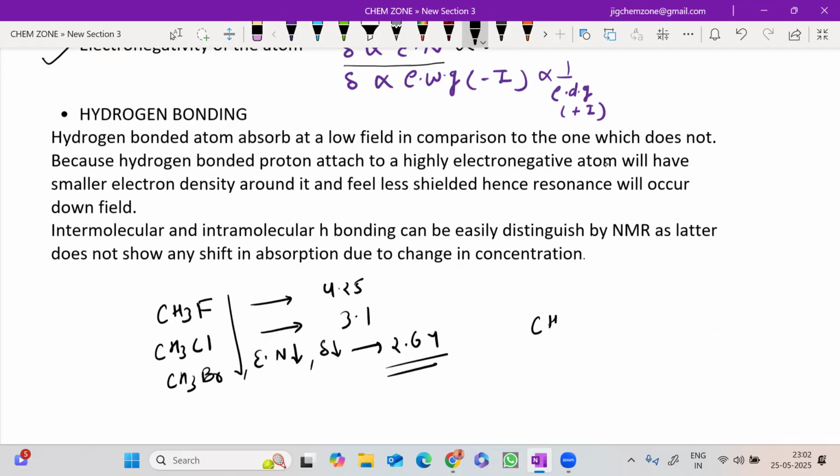So if you see the example, this is the enol form. If you count the signals, this is A, this is B, this is C, this is D. Now if you assign the delta values, you should know that A and D are actually methyl groups which absorb in the delta value near 1 to 4.